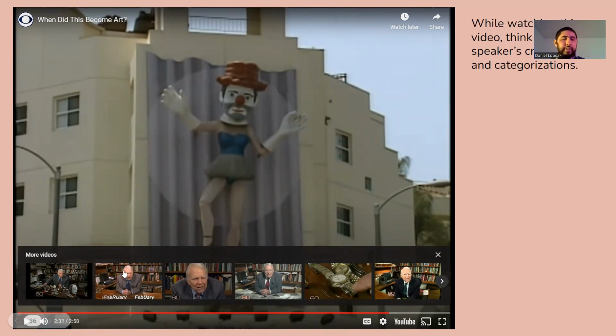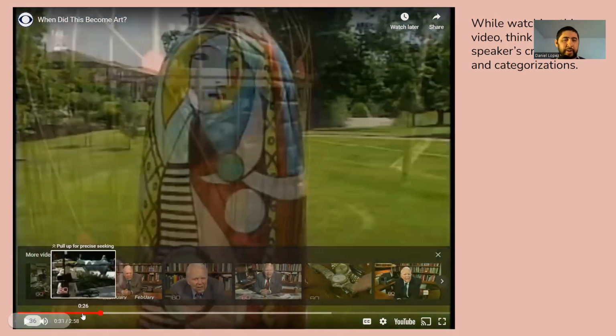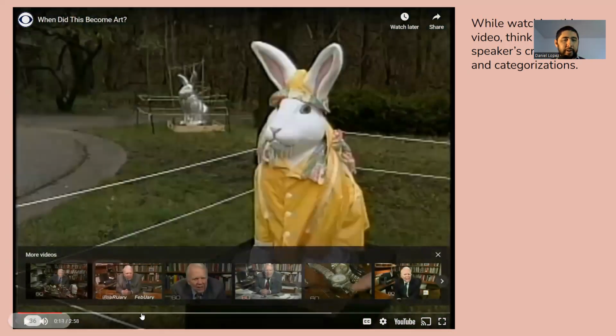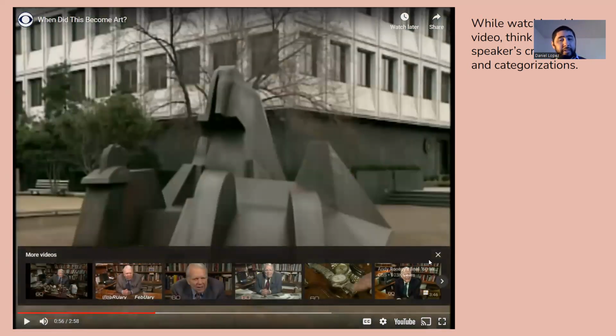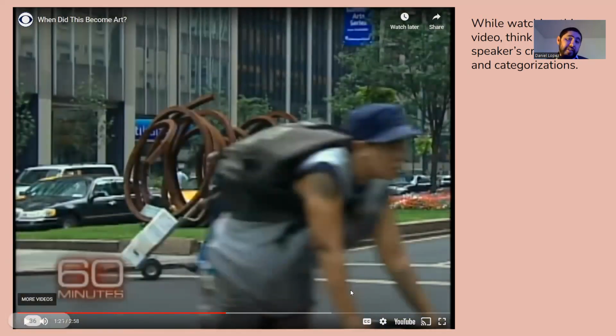So basically he's saying this corn cob thing is modern art. This bunny's modern art. This sculpture dedicated to MLK's modern art. This is modern art, and he doesn't like it, and it sucks. So there are many problems with that.